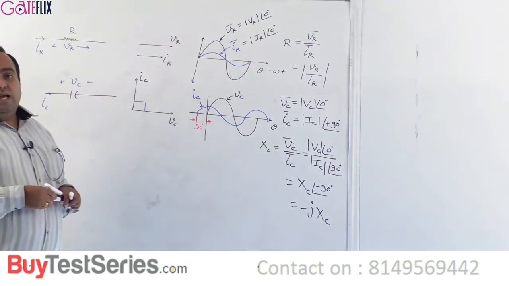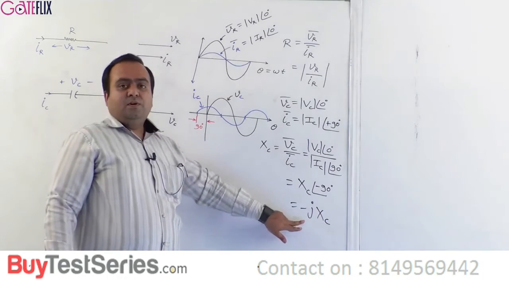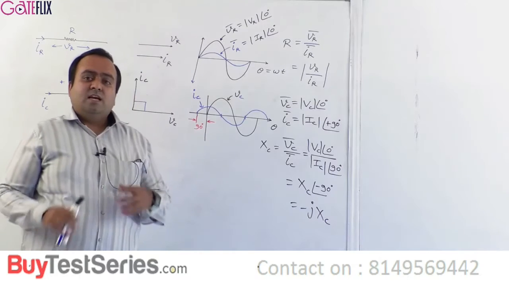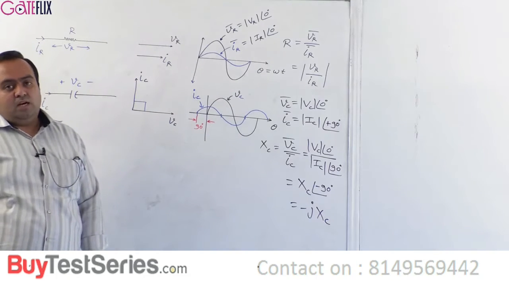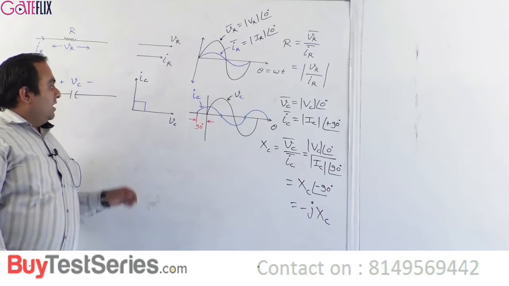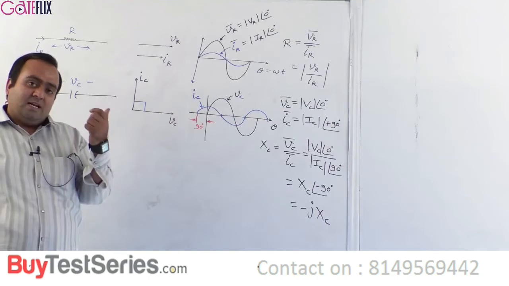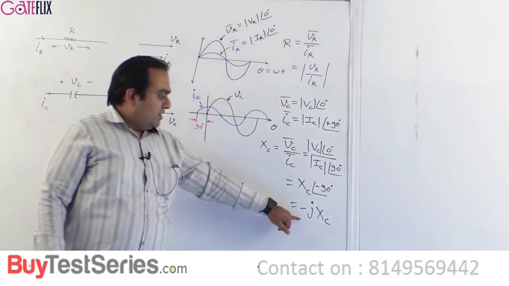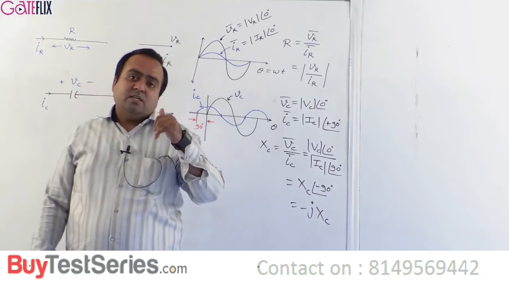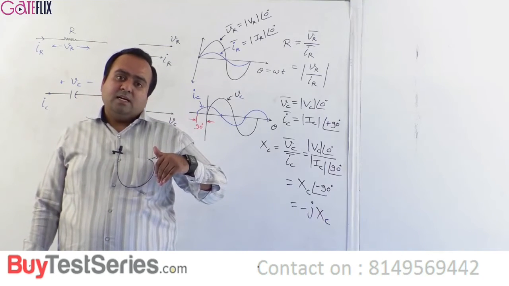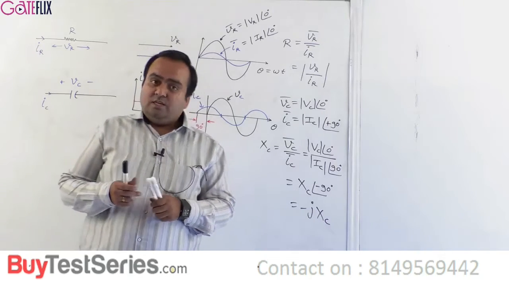This is the reason why we always write minus j with the capacitive reactance, in order to accommodate the phase of voltage with respect to current, because the current flowing through a capacitance must lead the capacitance voltage by 90 degrees, so it gets accommodated by this minus j. And for an inductor, the current must lag the inductor voltage by 90 degrees, so that gets accommodated if we write it with j.